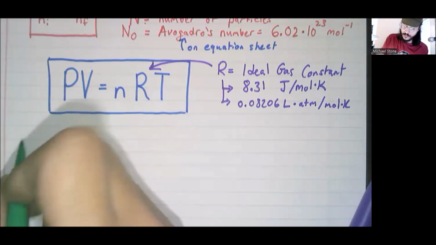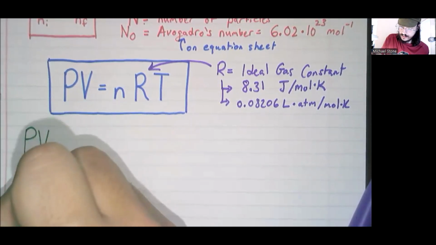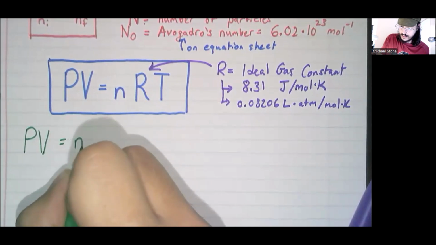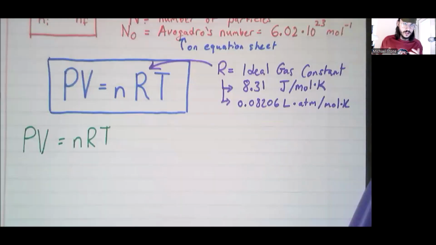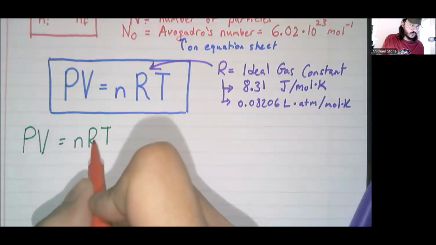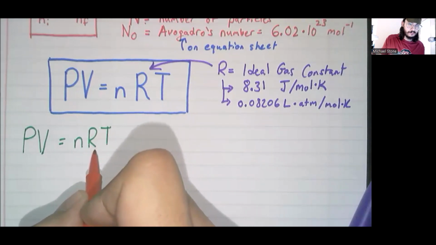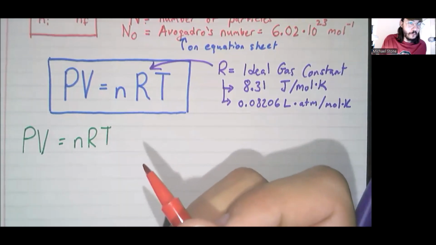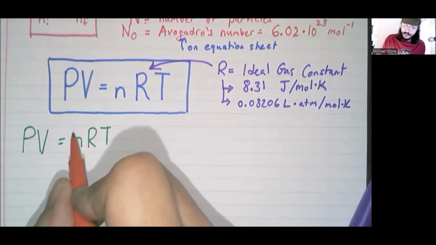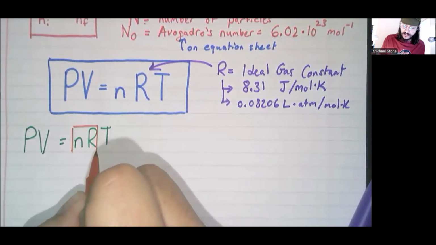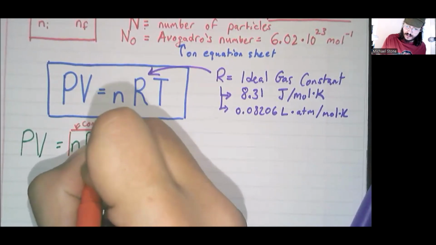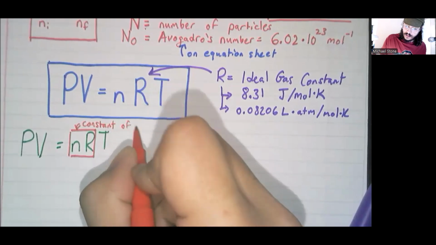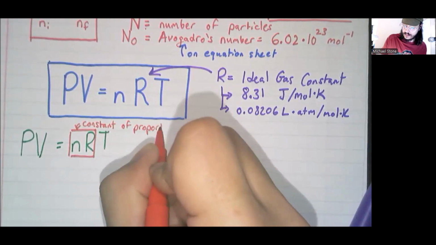Thus, if we take PV equals nRT, let's take whatever we don't want to change. R is true for our universe, so I wouldn't imagine it would change. And also, let's say we keep the amount of gas the same. We block them off, and we will refer to this combo meal as a constant of proportionality.